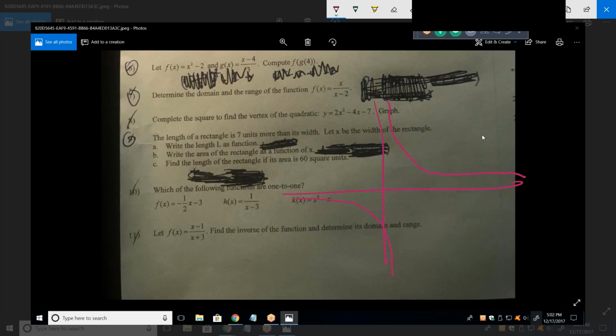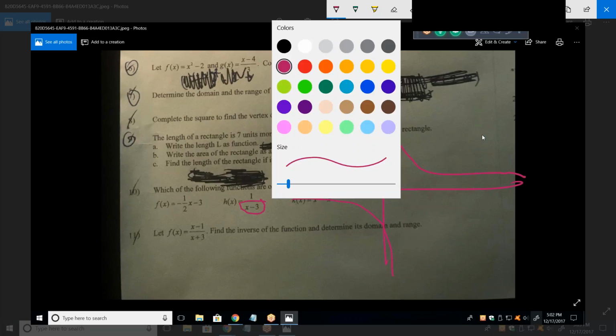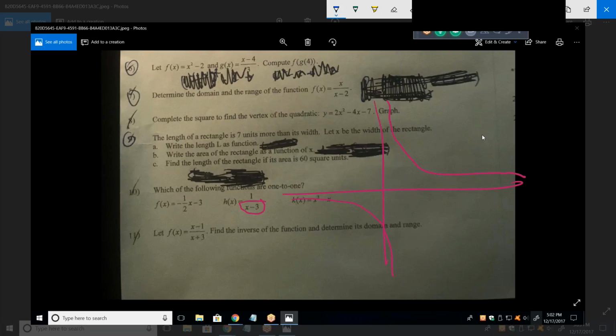And the only consequence of that -3 is that it moves everything to the right by 3 units, both ends of it, but it doesn't change the nature of it being one-to-one.